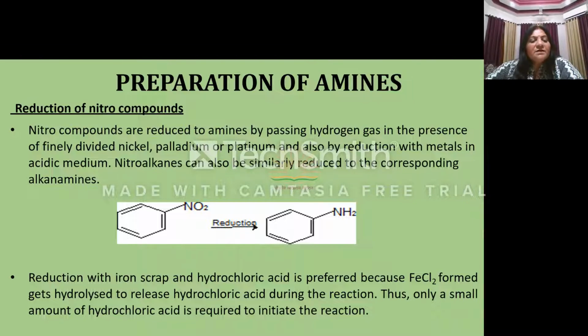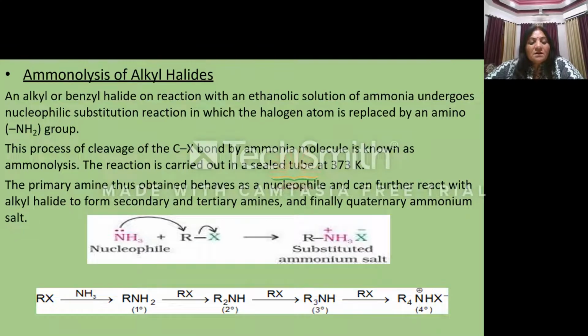Now the important preparation of the amines, a mixture of amines, 1 degree, 2 degree, 3 degree, and the quaternary ammonium salt. This is by the ammonolysis of alkyl halide. Now, this is ammonia, nucleophile, and this is alkyl halide RX.